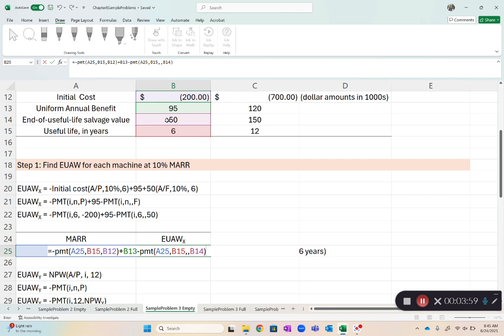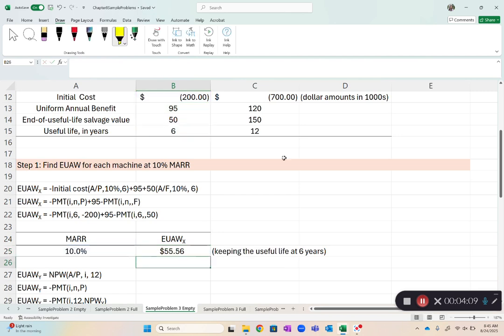And one little thing to note here is that this $50 is an income, so I leave it as positive here. If it were a cost, it would need to be a negative. Okay, so I get $55 as an equivalent uniform annual worth.